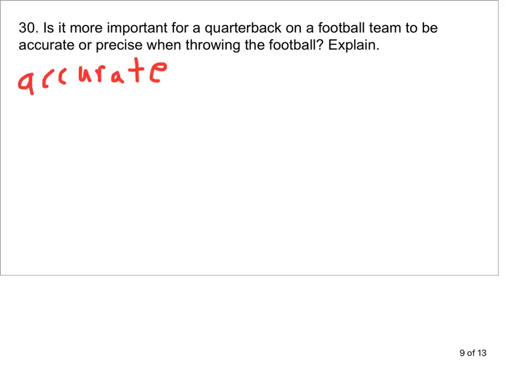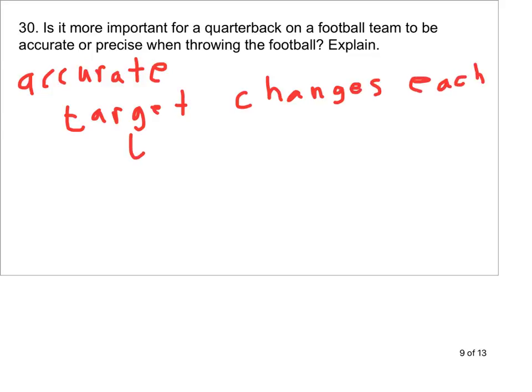And one of the reasons here is because the target changes each time. So the quarterback wouldn't want to throw it to the same place every time, which would be precise.